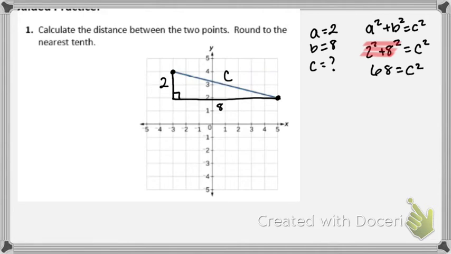Now we have to take the square root of 68 to get our C. They want the nearest tenth, so that's 1 decimal place. It's going to be 8.2. That's C, that's going to be the distance. You can put 8.2 units, squares, whatever you like.